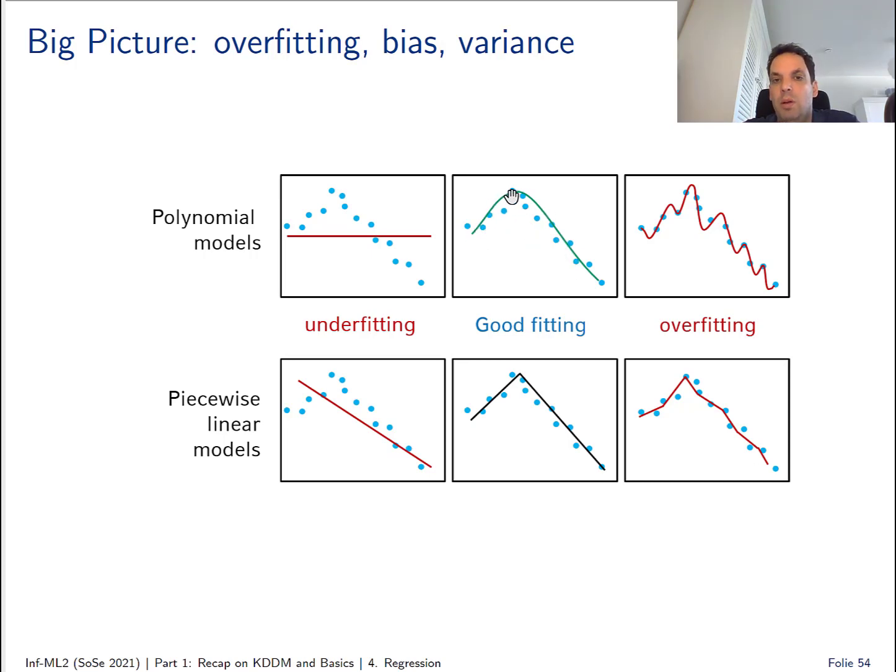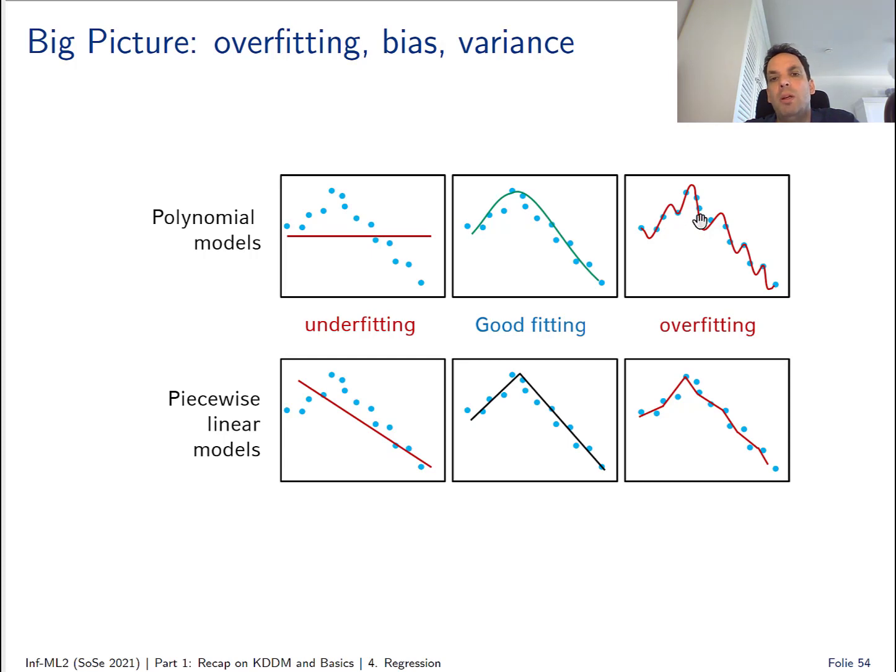Maybe a small polynomial would be a good fit, but we can also use a higher degree polynomial, something like this here, which would decrease the training error, but obviously that is a very, very complex model, so we are probably overfitting again here. So we have the same problem with generalization and overfitting.